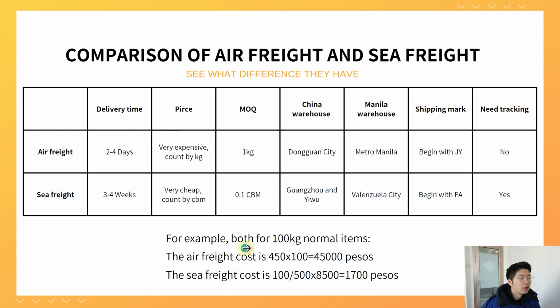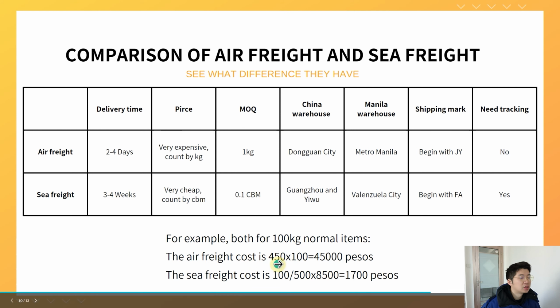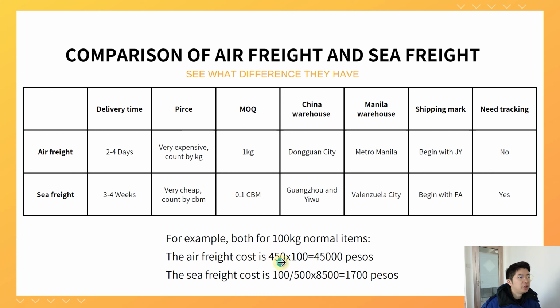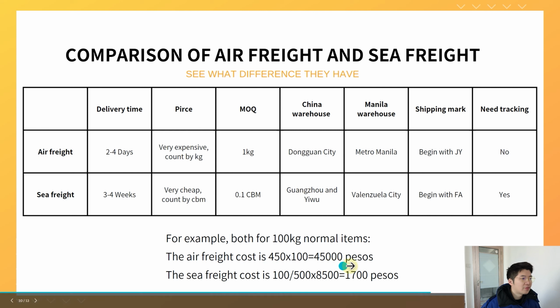For example, for 100 kilograms of normal items, the air freight cost is 450 pesos multiplied by 100, equal to 45,000 pesos, a very high price.